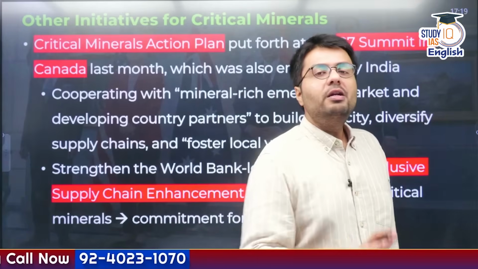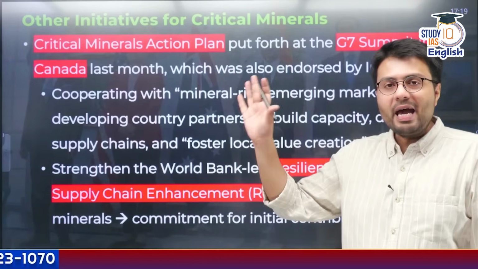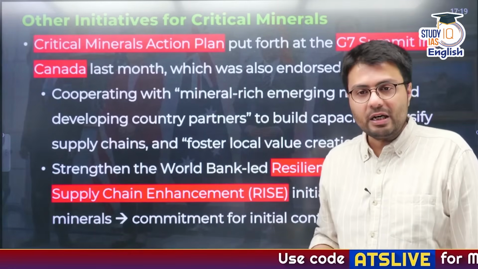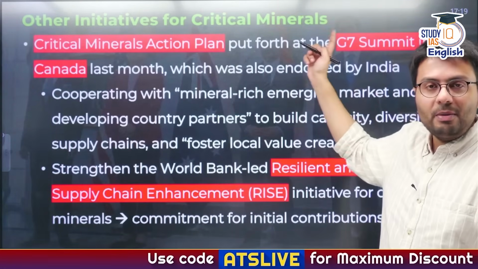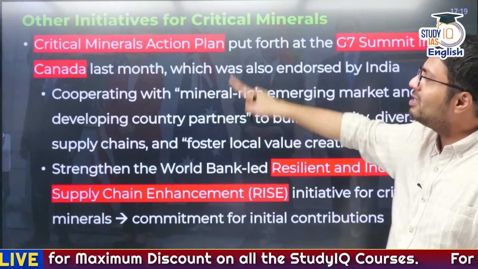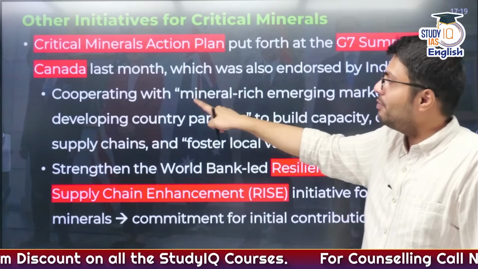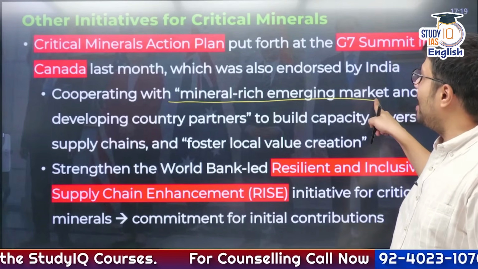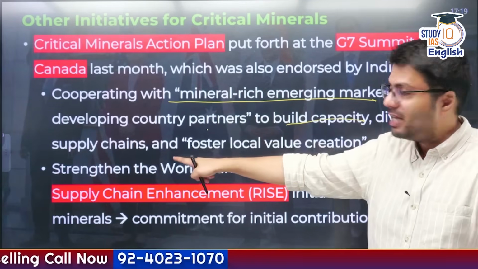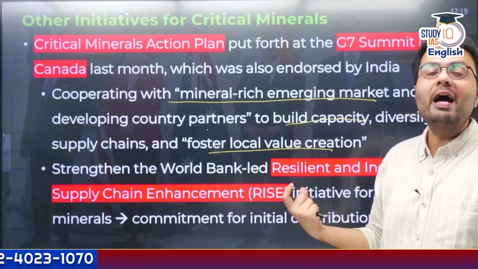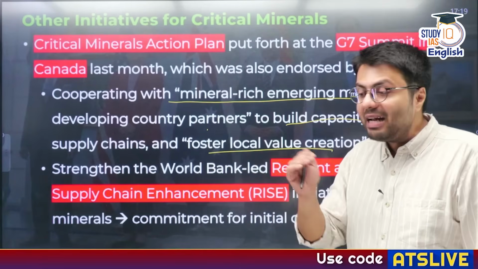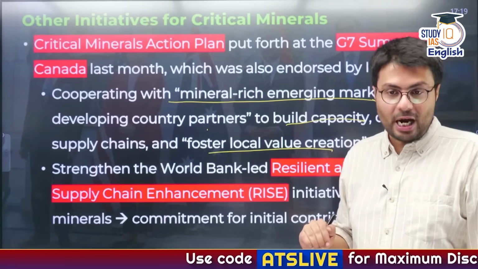Now, there are other initiatives, not just by the Quad, but by other multilateral organizations also, to ensure resilience in the supply chain of critical minerals. For example, the G7 summit, which recently happened in Canada, included a critical minerals action plan in which the G7 countries will cooperate with mineral-rich emerging markets and developing country partners to build capacity, diversify supply chains and foster local value creation, so that other alternatives in the manufacturing of rare earth magnets and critical minerals appear in addition to China.